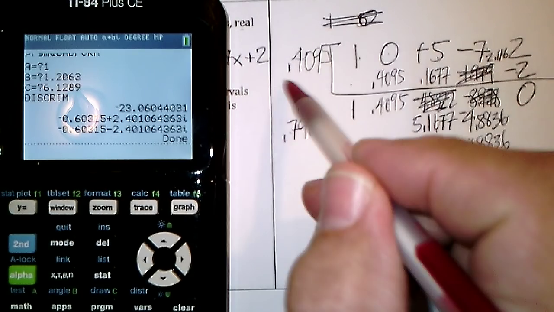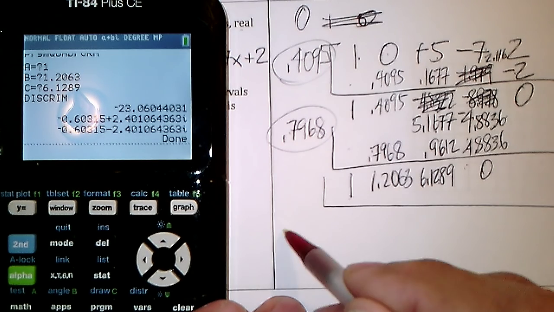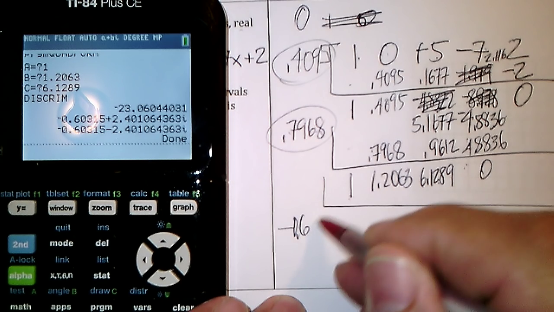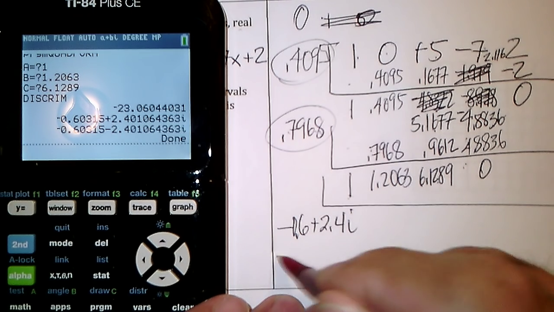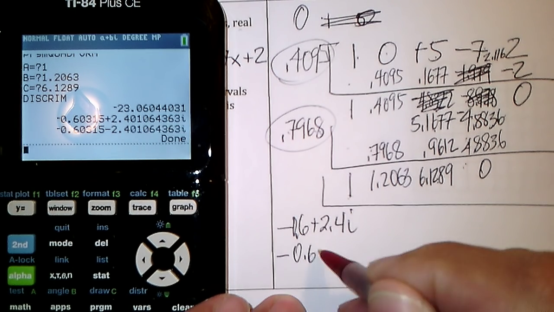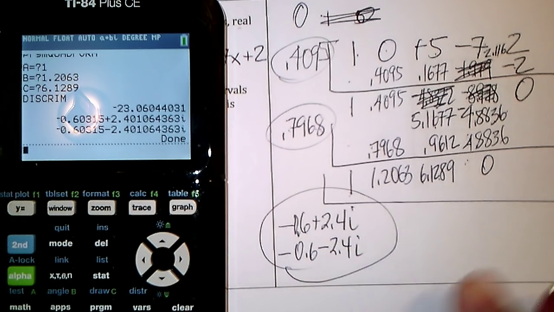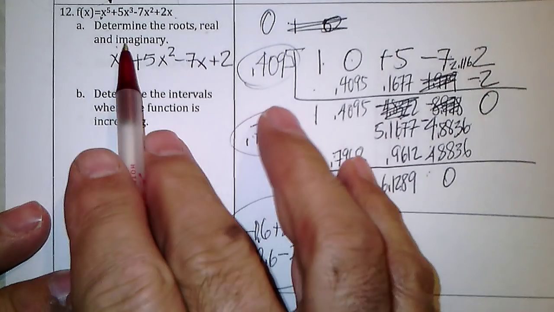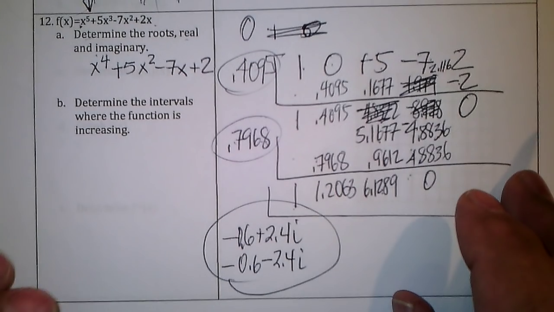So my zeros are 0, this, minus 0.6 plus 2.4i, and minus 0.6 minus 2.4i. So there's the 5 zeros. So I determined the roots, real and imaginary. Hopefully I won't make anything that ugly on the test.